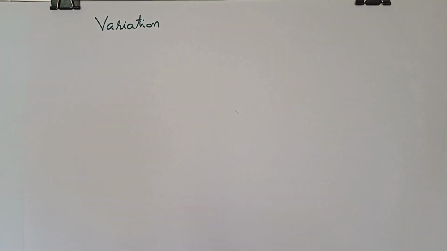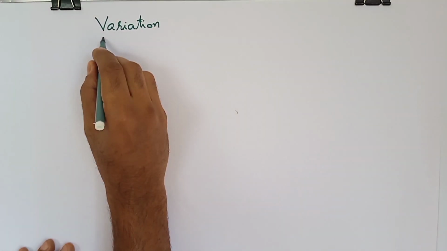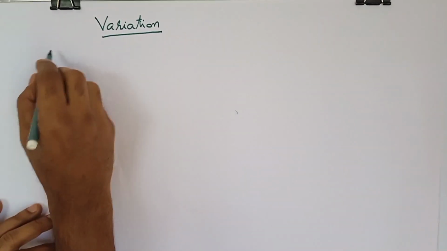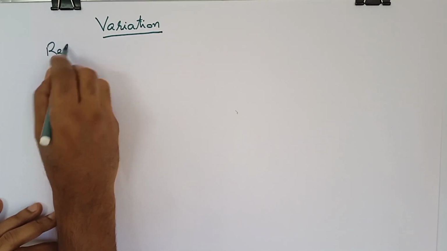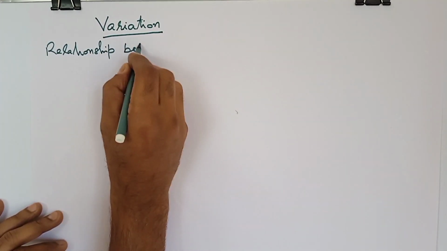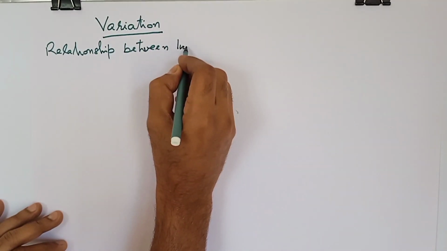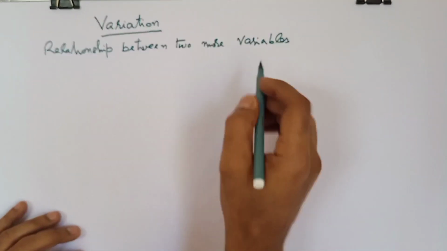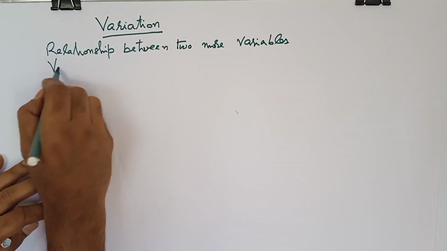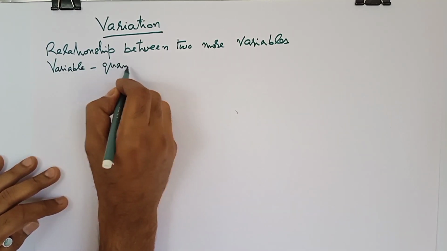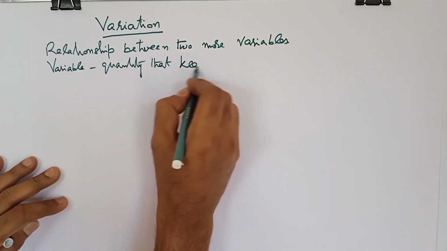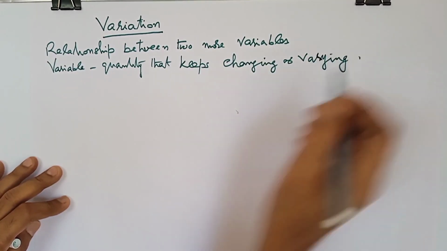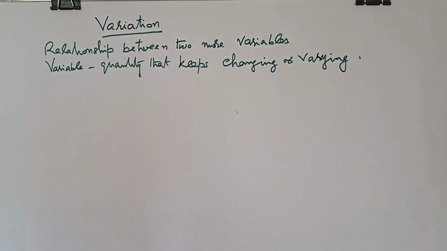Hey guys, today we are looking at a concept called variation. It studies the relationship between two or more variables. So what's a variable? A variable is a quantity that keeps changing or varying.